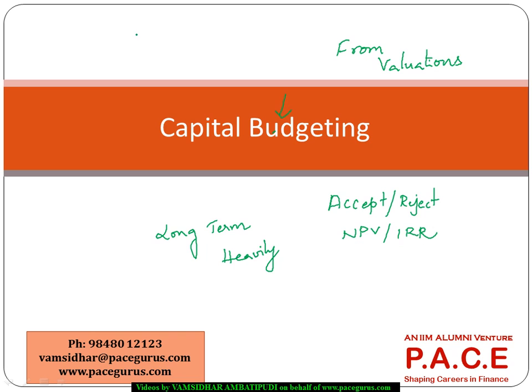Generally we do this kind of analysis either for expanding our business, replacing existing products or equipment, or for pet projects of the senior management, or society-related projects which are more mandatory. All these can come under the capital budgeting process.